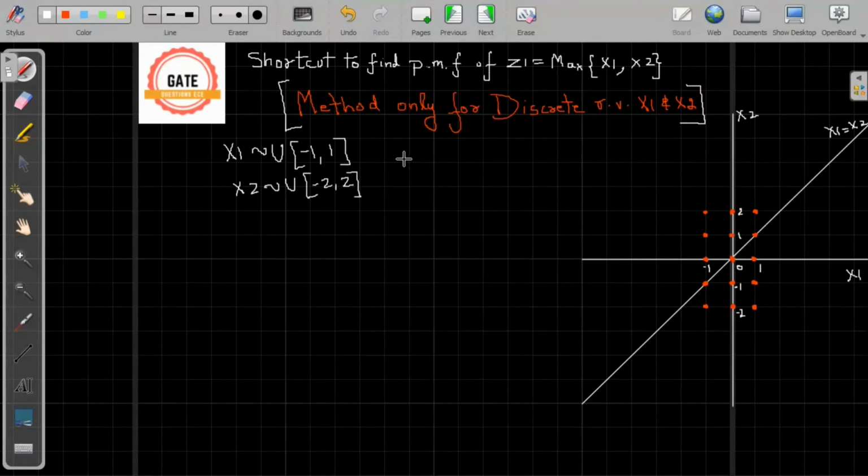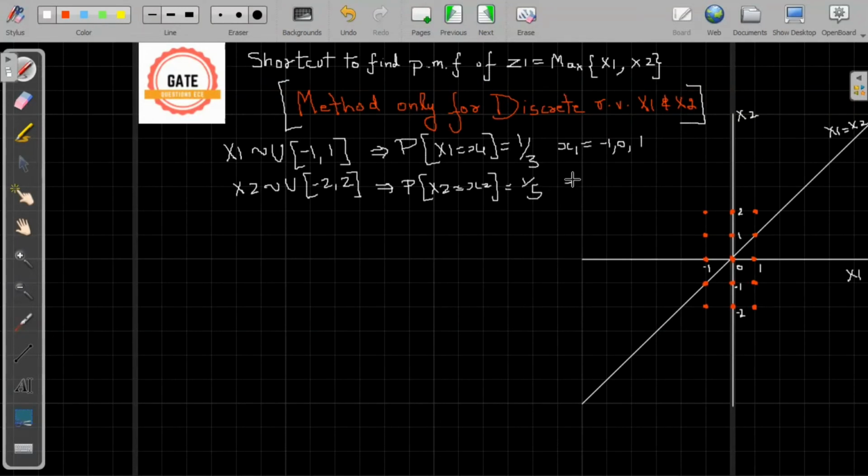So we know that probability x1 is equal to small x1 will be 1 by 3 for x1 equal to -1, 0 and 1, and probability x2 is equal to small x2 will be equal to 1 by 5 for x2 equal to -2, -1, 0, 1 and 2.